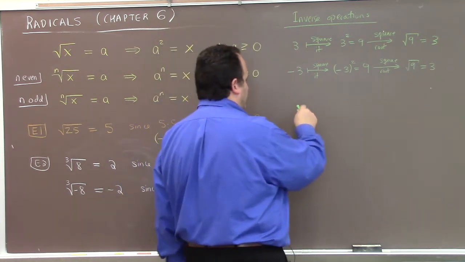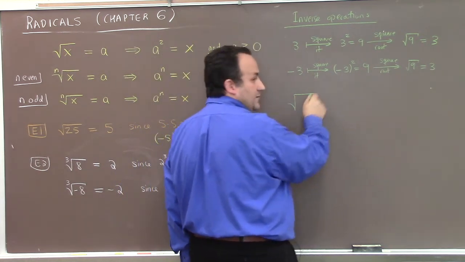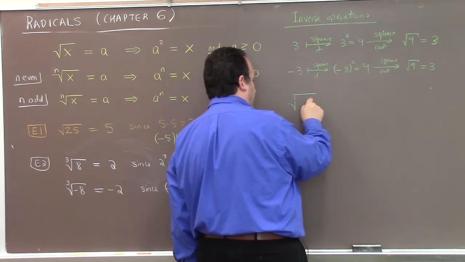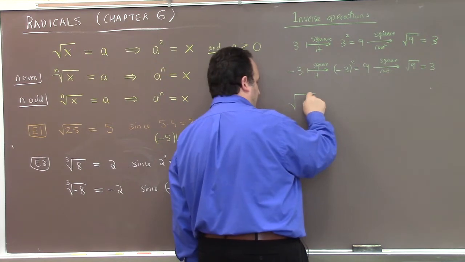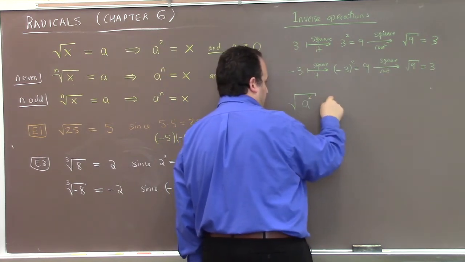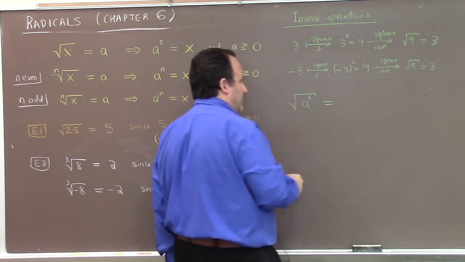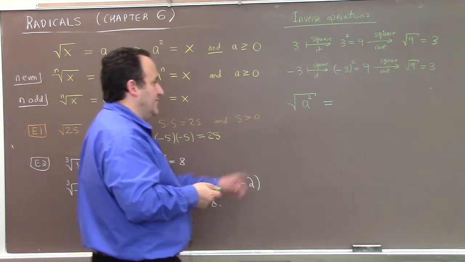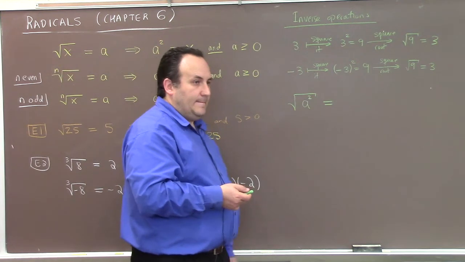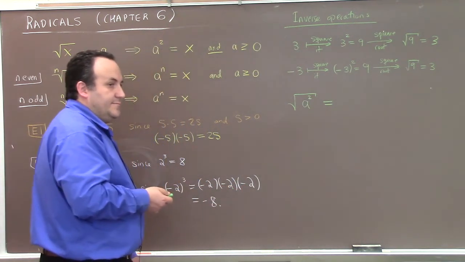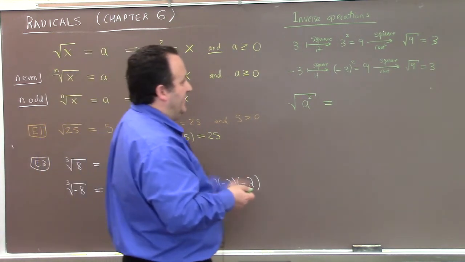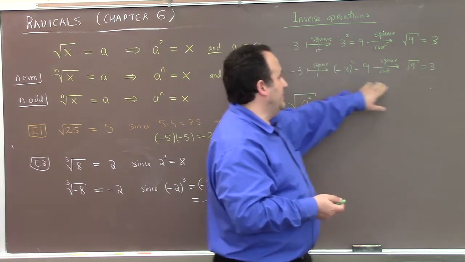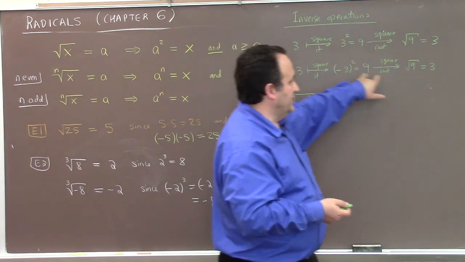So when we take the square root of a square, what happens? On the one hand, the square root of 3 squared is 3, but the square root of minus 3 squared is also 3.